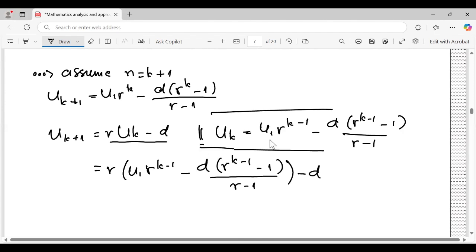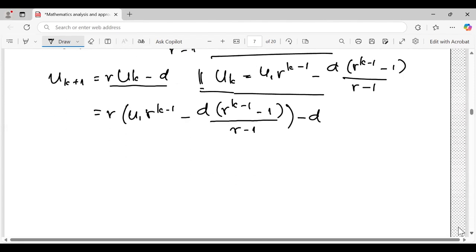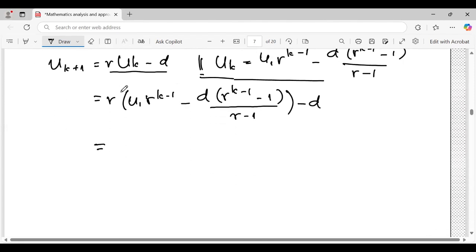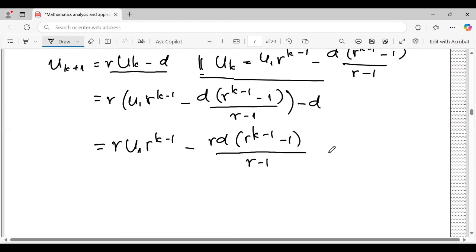This is just the information, this one. And let's continue. Calculate r times u1 r power k minus 1 minus r times d times r power k minus 1 minus 1 over r minus 1, and the r minus 1 will cancel.